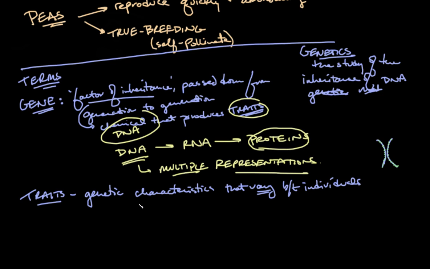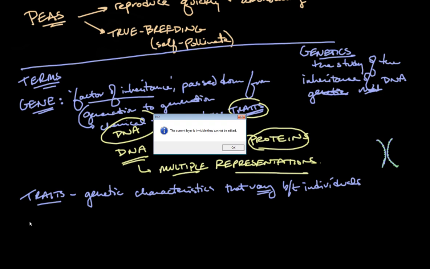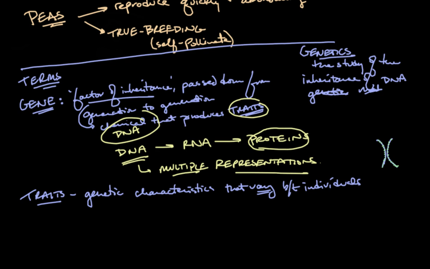But anyways, we've got traits, we've got alleles, which is another word that hopefully is a review word. Alleles, A-L-L-E-L-E-S, are different versions of a gene.